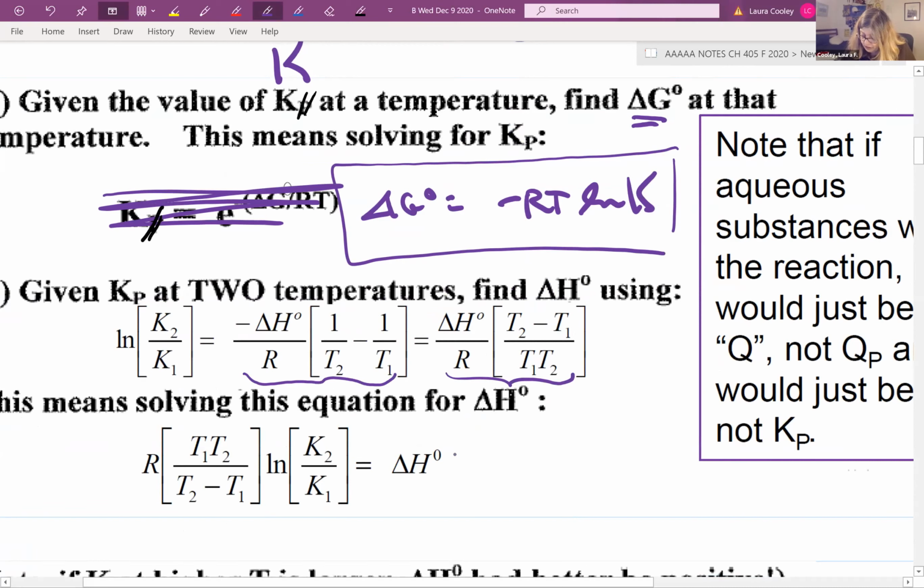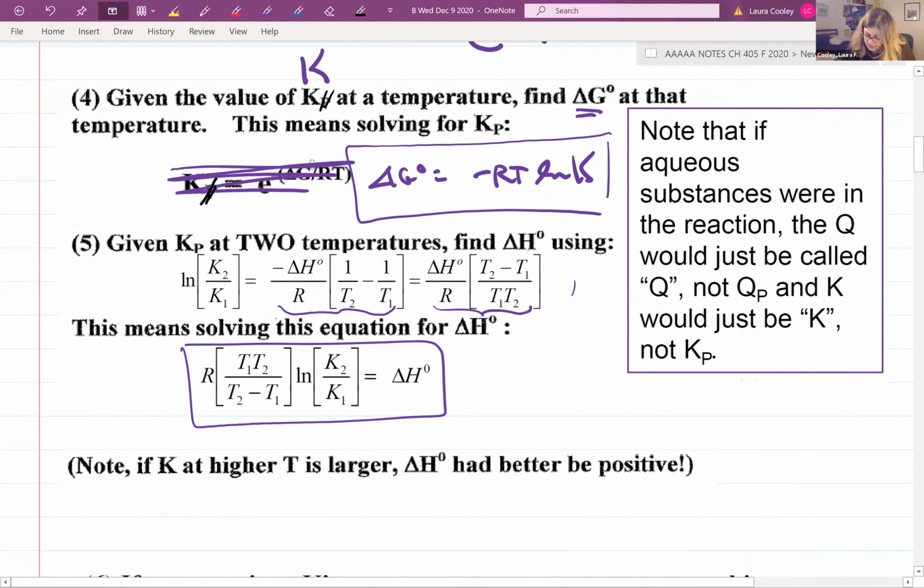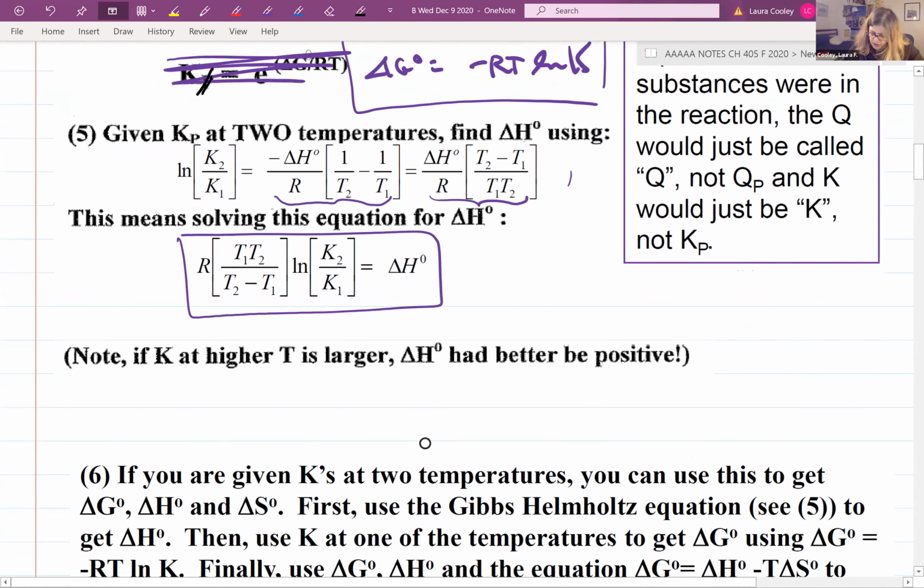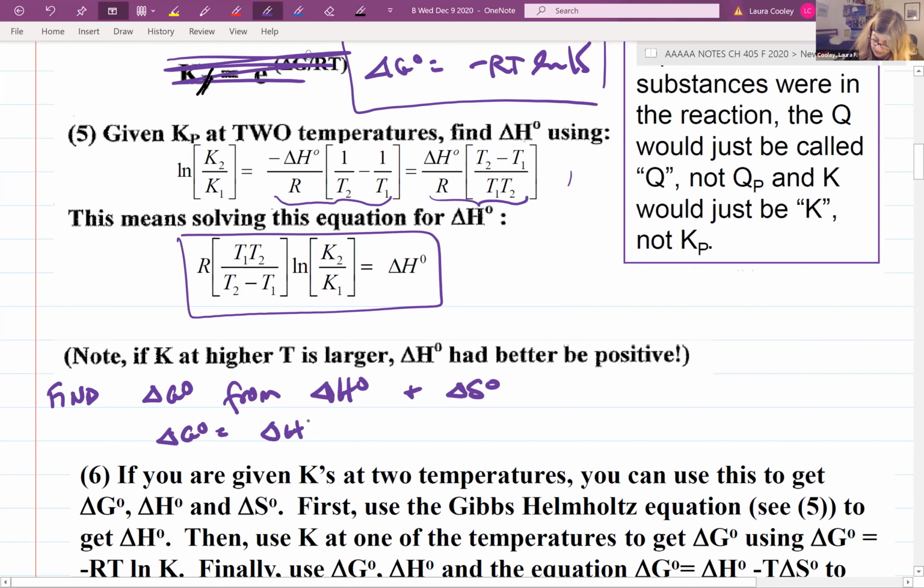And if you solve for delta H, you would just have to move all of this to the other side of the equation, and that would be this. Also, you can find delta G0 from the enthalpy and the change in entropy, right? Using delta G0 is delta H0 minus T delta S0.